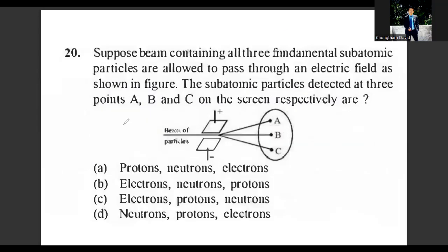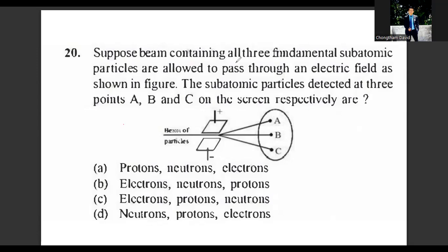Now suppose a beam containing all three fundamental subatomic particles is allowed to pass through an electric field. This is the deflection experiment by Thomson. He analyzed the deflection value and arrived at the charge by mass ratio of the electron.